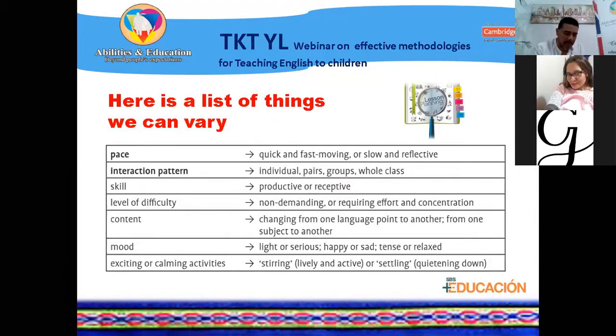Right? Sometimes classes have to be energetic, dynamic, but sometimes no. Sometimes we need a more reflective lesson, a more reflective class with a more reflective focus, and more reflective topics. We can also vary exciting or calming activities. Right? We have stirring and settling here.